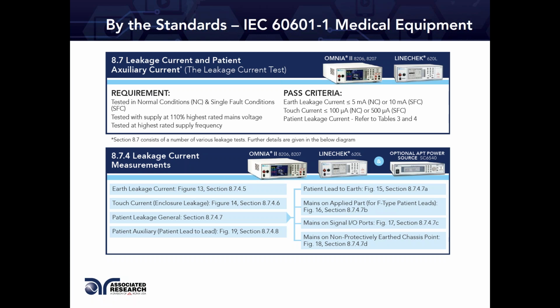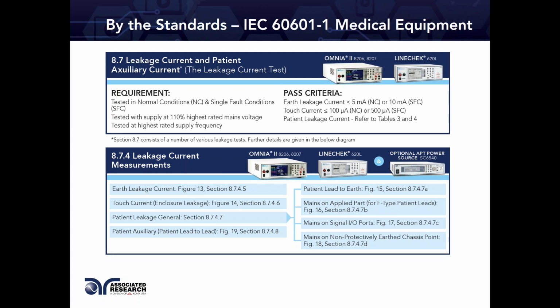So looking at this example of the big medical standard 60601-1, if you read through the requirements, it says tested in normal conditions and single fault conditions. Those are the fault conditions that we just looked at. Tested with supply at 110% of highest rated mains voltage.